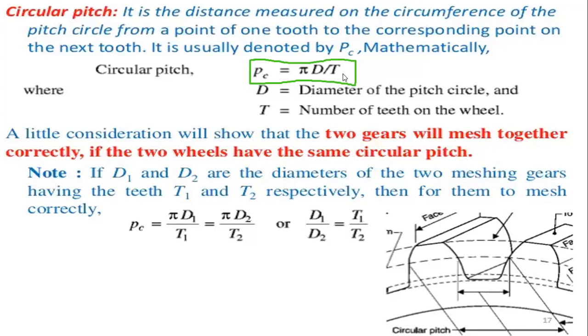By cancelling the two pi's here, we get D1 by D2 is equal to T1 by T2. So this is also one more condition.